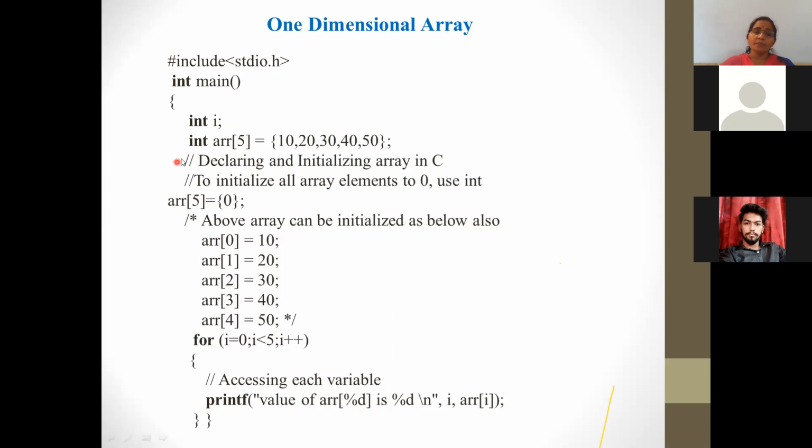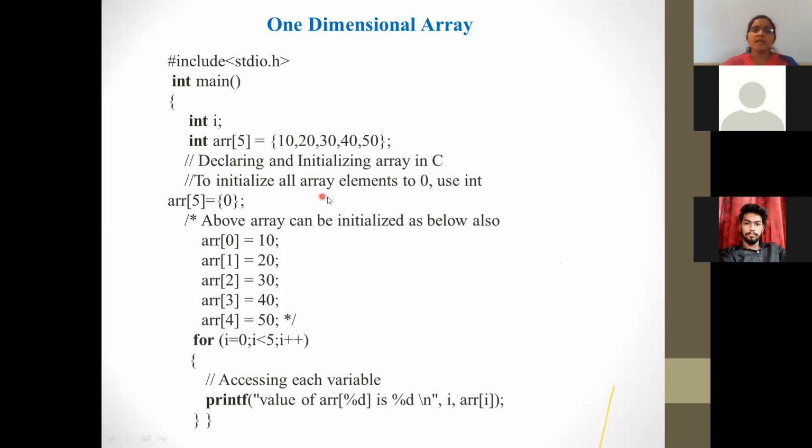And when you consider both parts of this statement, ARR[5] equal to 10, 20, 30, 40, 50, the complete statement is the initialization statement. Means you can combine the declaration as well as the initialization in a single statement. I have given the comment: declaring and initializing array in C.